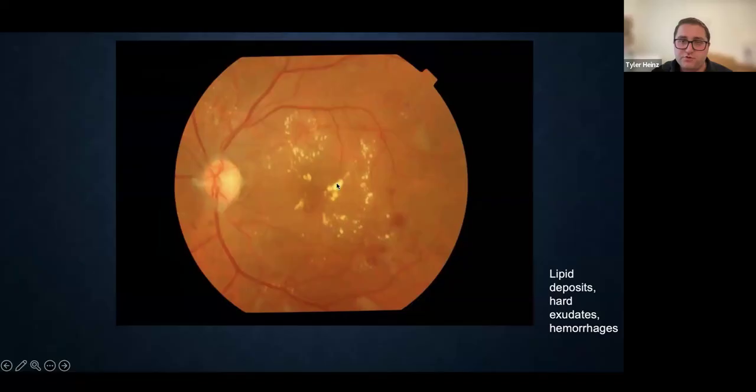That's kind of the more strong borders, the more defined borders is our hard exudates. And of course, we have some bleeding around here as well, some dot blots and some flame hemorrhages. You can also see a little bit of kind of cotton wool forming around the optic nerve.